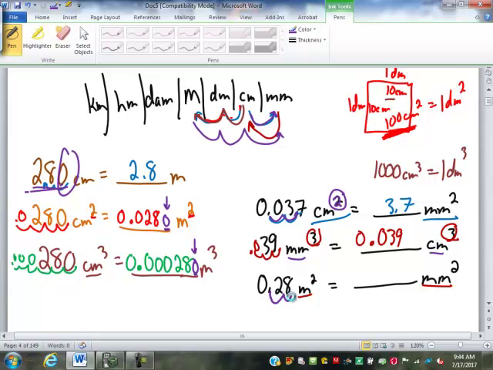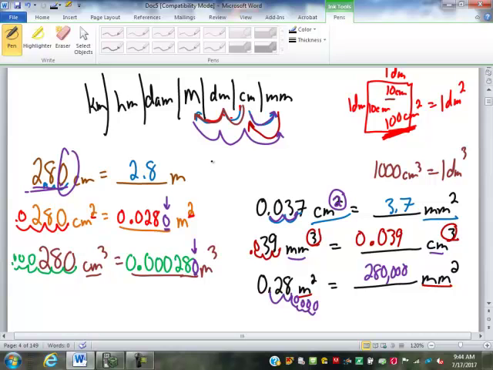So 1, 2, then we have to add zeros. 3, 4, 5, 6. So that is 280,000 millimeters squared. That's one that we'll have to be careful of and just keep working on as it comes up.